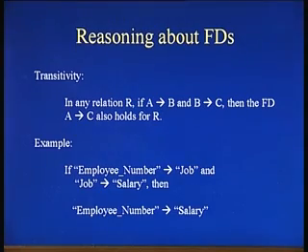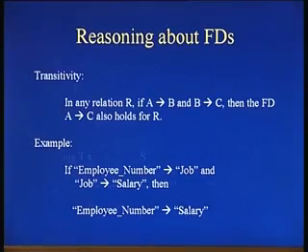Okay? So employee number suppose uniquely defines job, and let us say job also uniquely defines salary, that is every employee of a particular job has the same salary. Then we can easily say that the employee number actually defines salary, that is given just the employee number, I will be able to determine what is the salary for that employee.